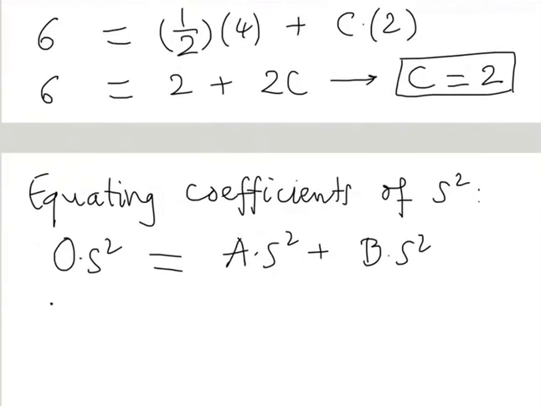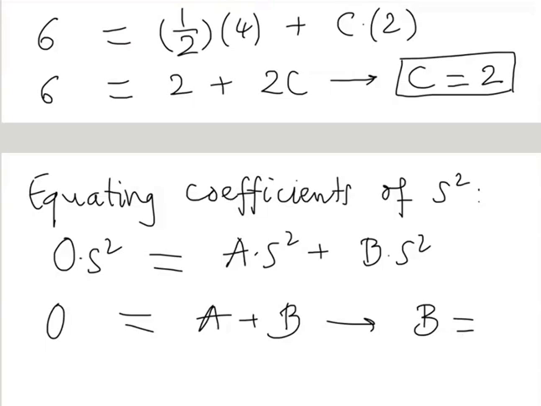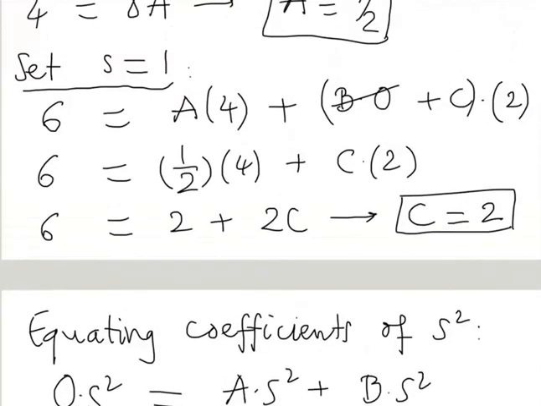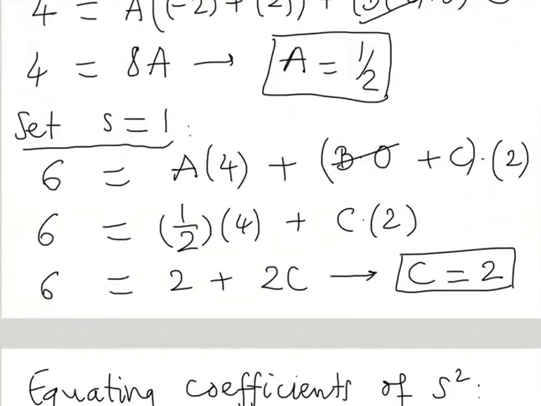So from here, 0 should be a plus b, and we know that a is a half from above, so b is negative a half.